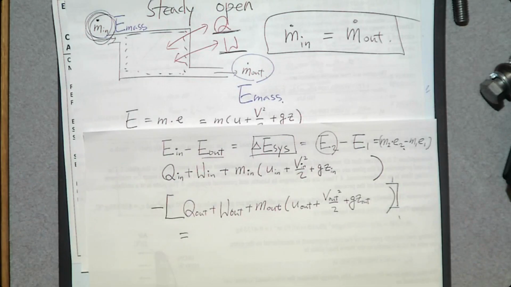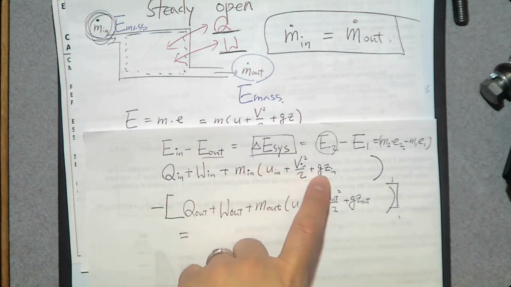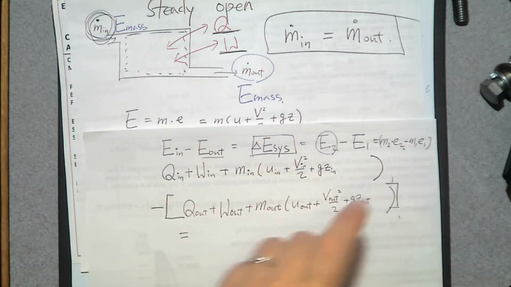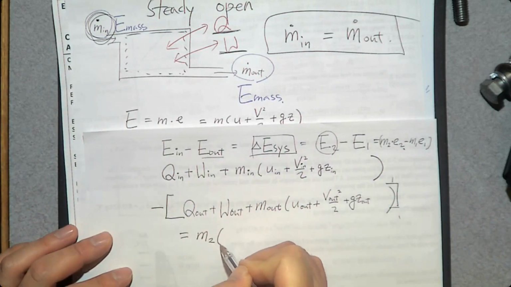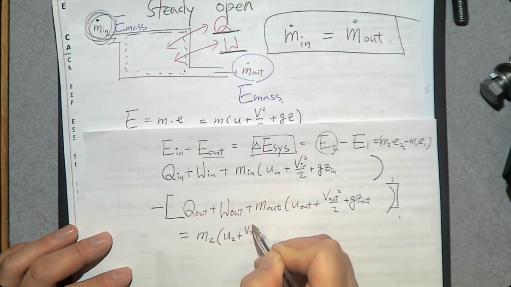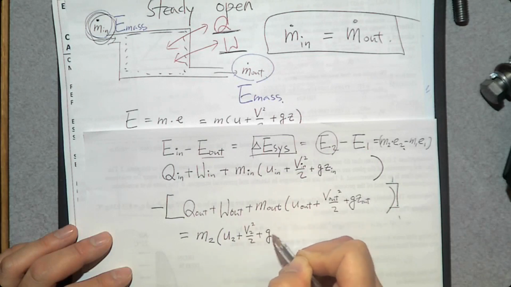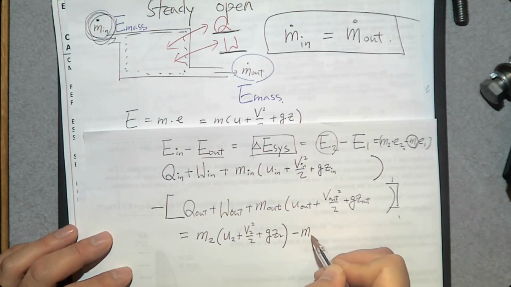Then how do you determine total energy per unit mass? The same thing: U plus kinetic energy and potential energy at the final state. So mass at the final state times specific internal energy at the final state plus kinetic energy at the final state plus potential energy at the final state, minus mass at the initial state.